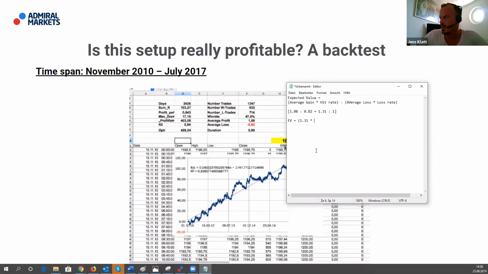Then I multiply it with the hit rate, which is here 47%. Then I subtract 1 multiplied by, and you can see why I did this, because it's easier to calculate, now I only have to subtract 0.53.